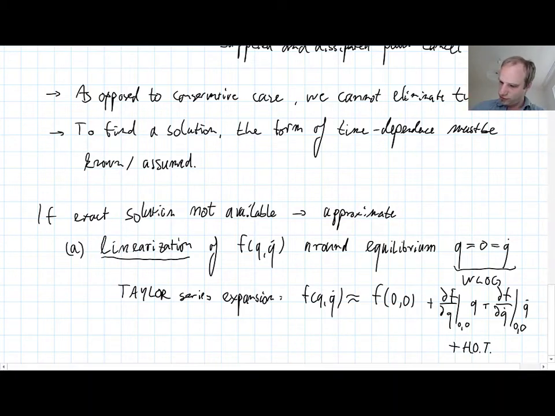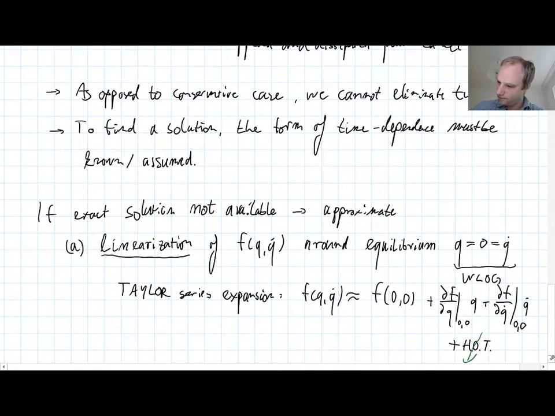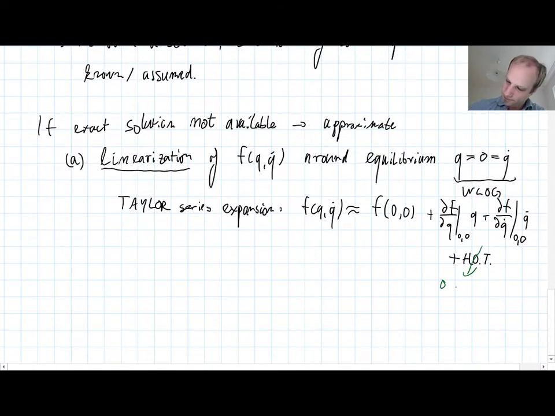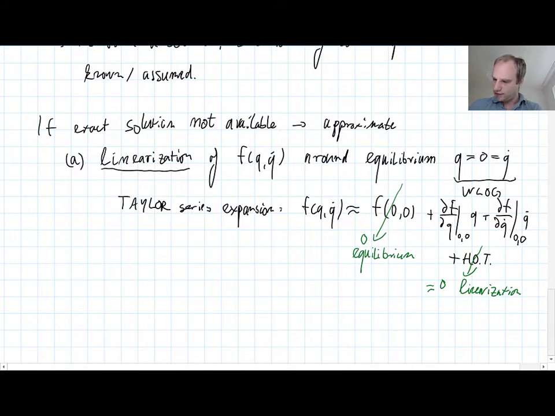And we do a linearization, so this first term here is approximated as 0 by definition. We require that this is an equilibrium point, so the restoring force needs to vanish. So we have these two terms here, the gradients.